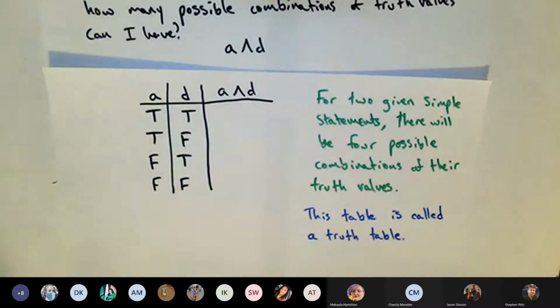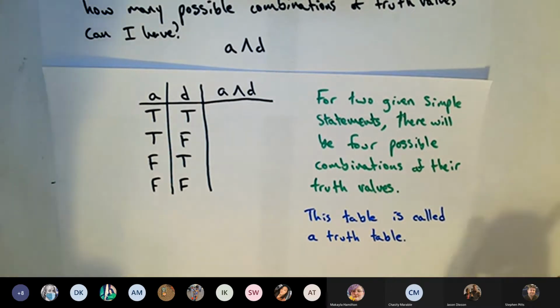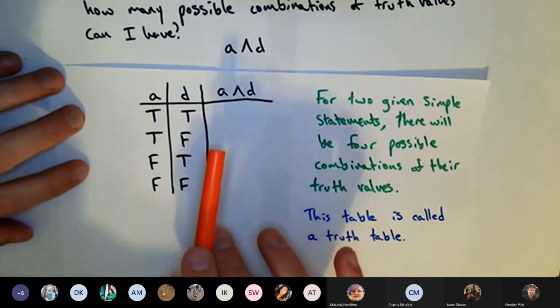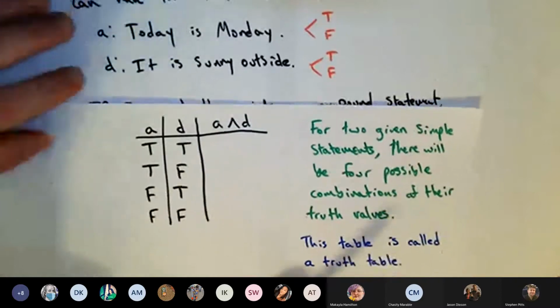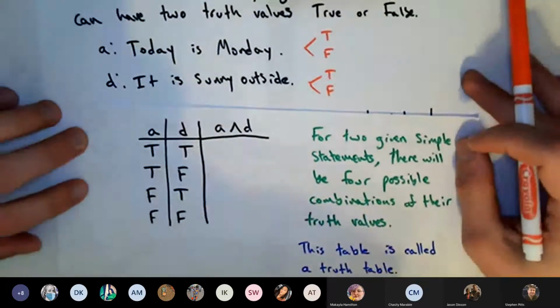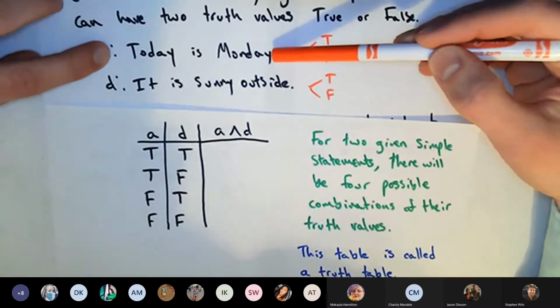Now we can start thinking about it the way I like to put it: would the person be lying if they said this out loud, given these truth values? So consider that this statement is true.